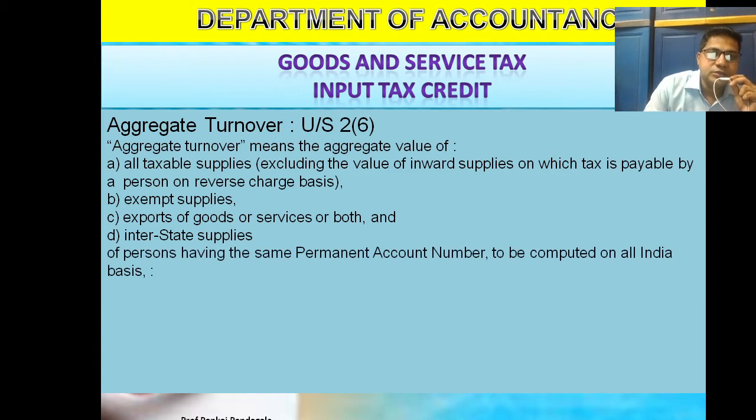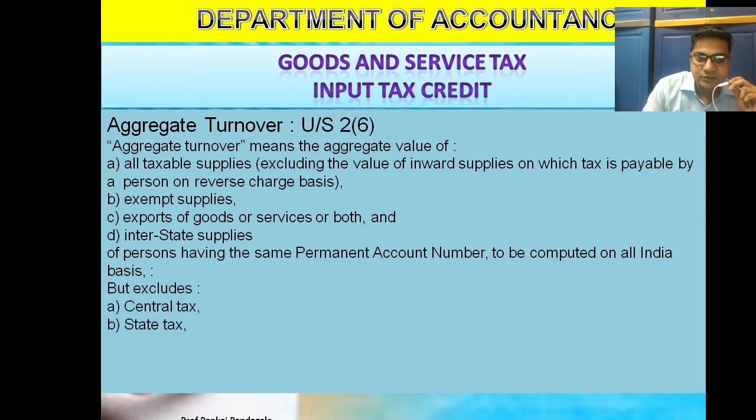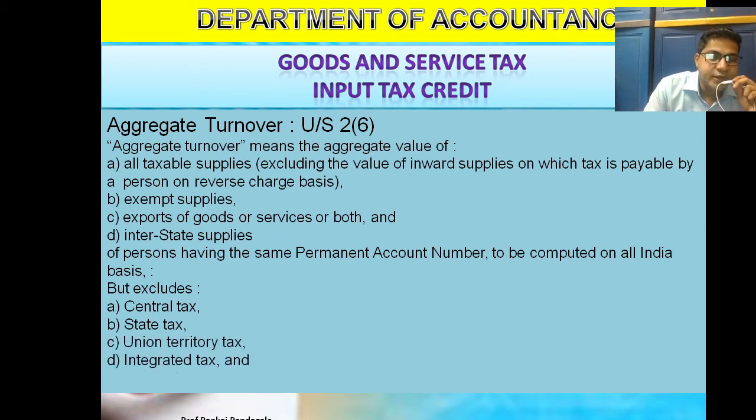A person having the same permanent account number can compute it on an all-India basis, but it does not include central tax, state tax, union territory tax, and integrated tax. That is called aggregate turnover.